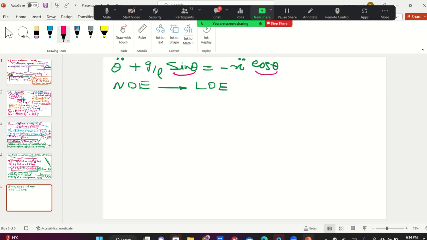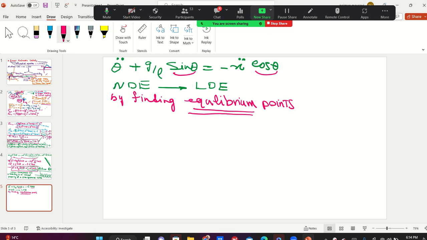So how do we do that? We're going to do that by finding, what, guys? Equilibrium points of the system. So we're going to linearize around the equilibrium point of the system.